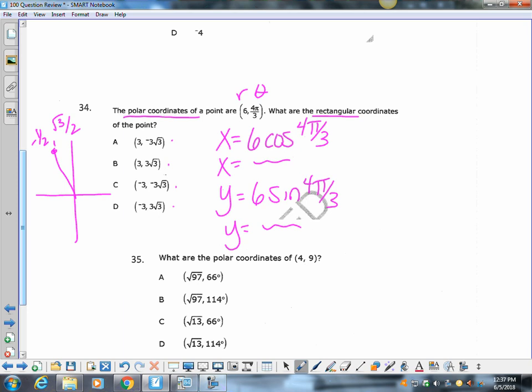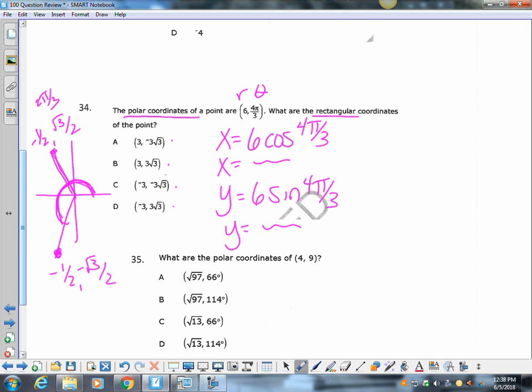And the answer is, hold on, that's not 4 pi over 3. That's 1 1/3. He's here. I'm sorry. That's 4 pi over 3 because it's more than, this one's 2 pi over 3. So this would be both negative.